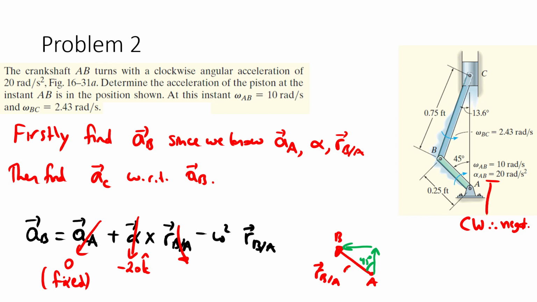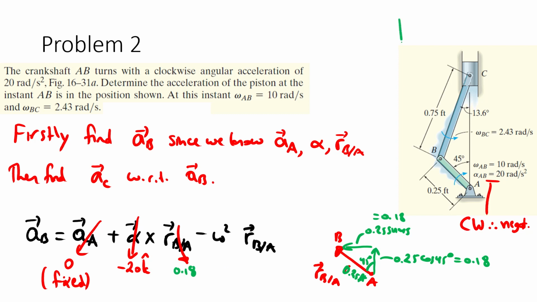And this one is 0.25 feet. So this will be 0.25 cosine 45 and this will be 0.25 sine 45. If you do this calculation, this will be 0.18 and that is 0.18. Therefore r of B with respect to A will be 0.18.